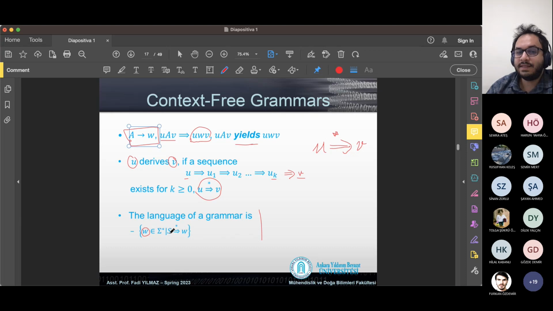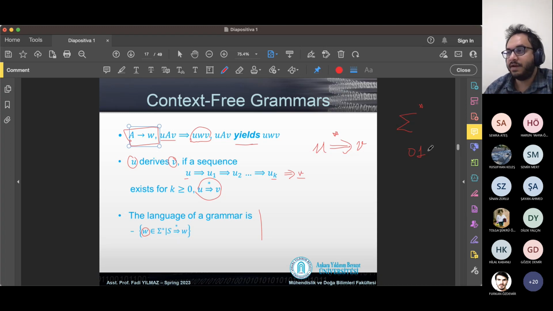Also, S, your starting variable, must derive this w. If your sigma is 0 and 1, sigma asterisk takes all the combinations that you can create with 0s and 1s.